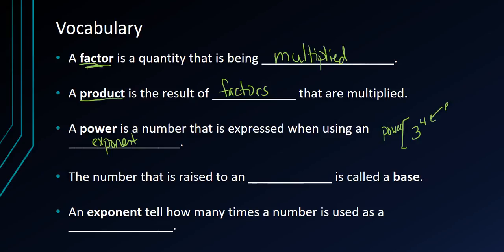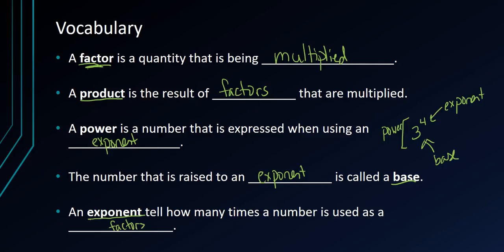Four is the exponent. The number that is raised to an exponent is called the base. So the 3 here is the base. And the exponent tells you how many times a number is used as a factor. So remember, factors are what we're multiplying.